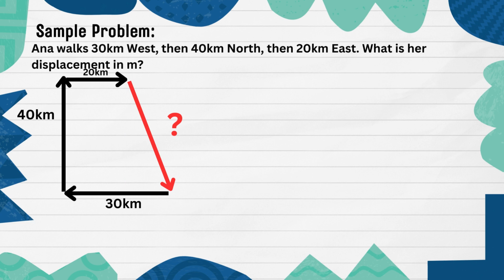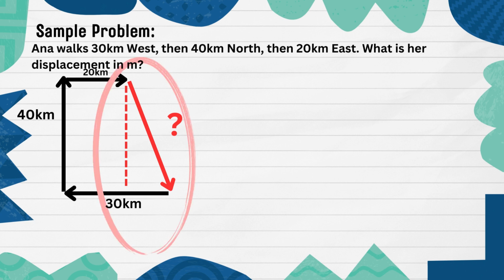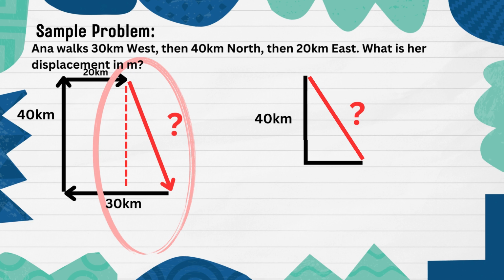To make it easier to solve, we are going to solve for the red one, which is this angle. We are going to find this value to make it easier. So, let's put it on the other side to make it easier to see.